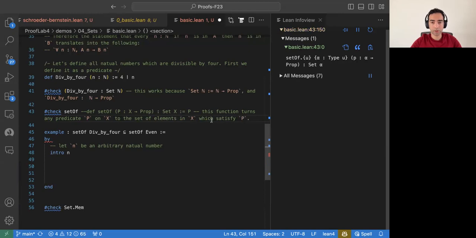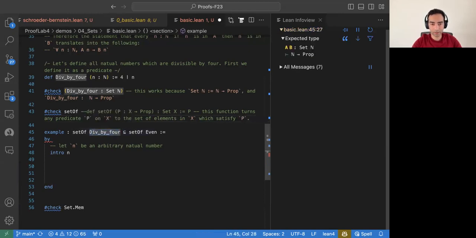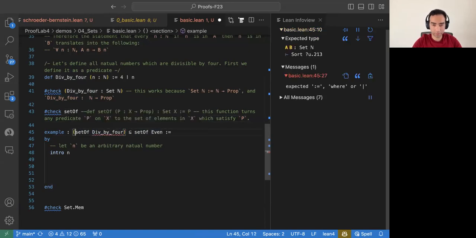Great. So because this is a predicate, we want to consider the set of elements divisible by 4. And then here I want to consider the set of even numbers.